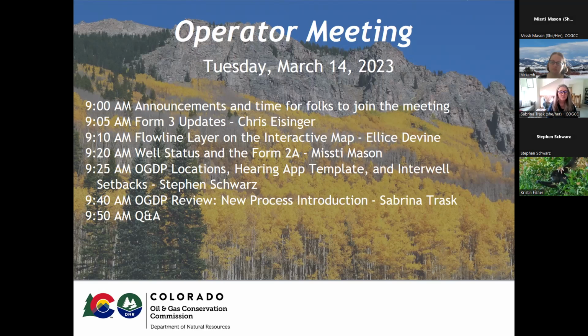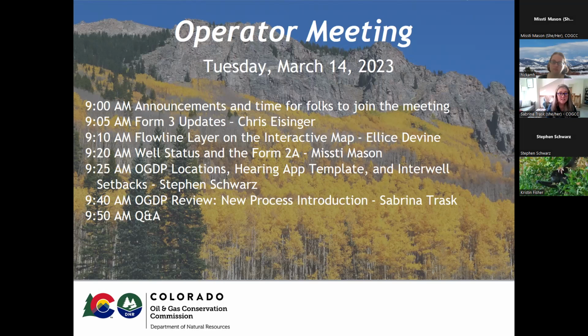If the surface owner doesn't have an email address, or if they don't want their email address entered on the Form 2A, just provide the email address to us in the spreadsheet, the new enhanced completeness spreadsheet.